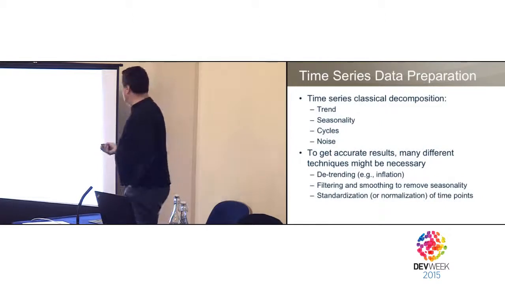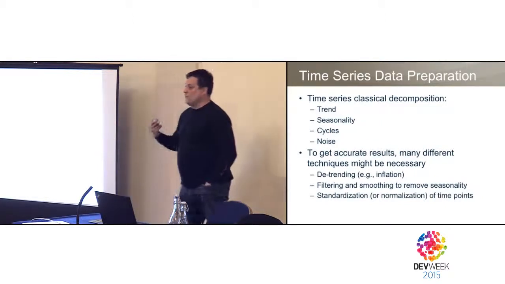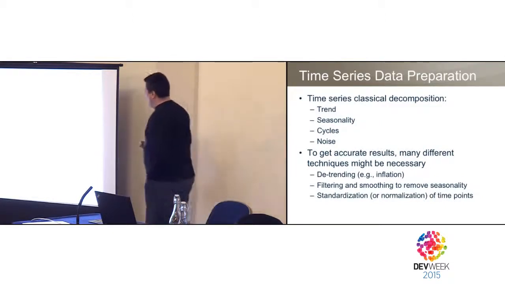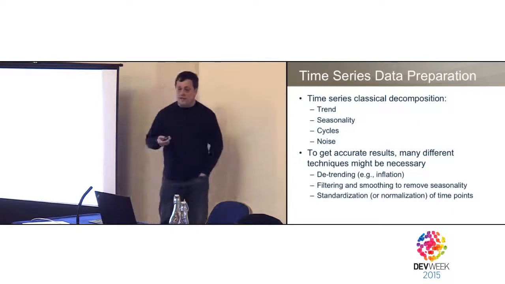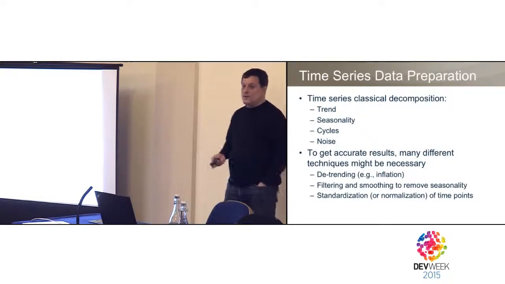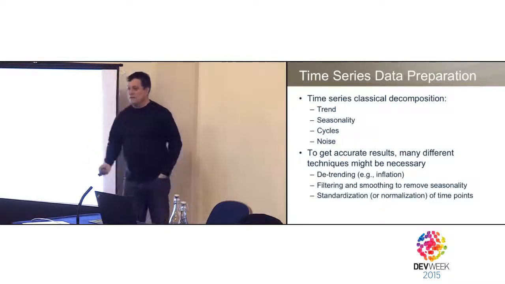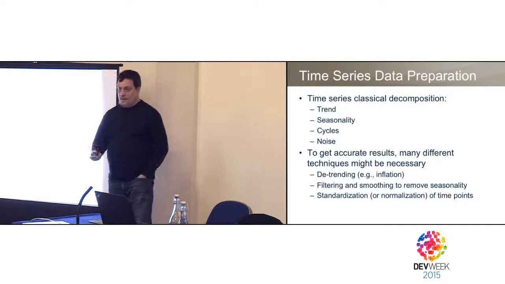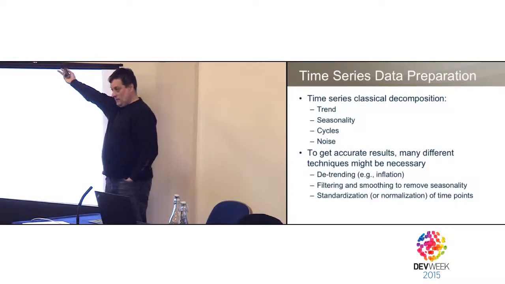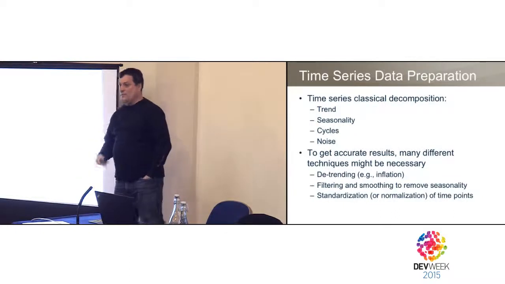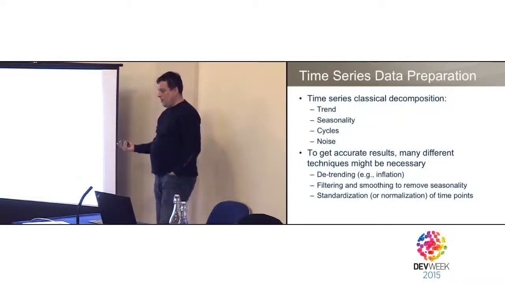Also, you need to understand what the parts of the time series are, and depending on your task, you will maybe want to get rid of some of these parts. This comes from economics. In a time series, we have trend, which is typically, let's say, national income, GDP growth, right? But then we also have seasonality.